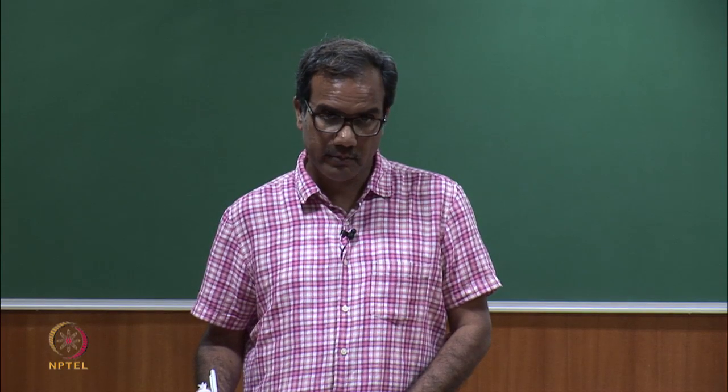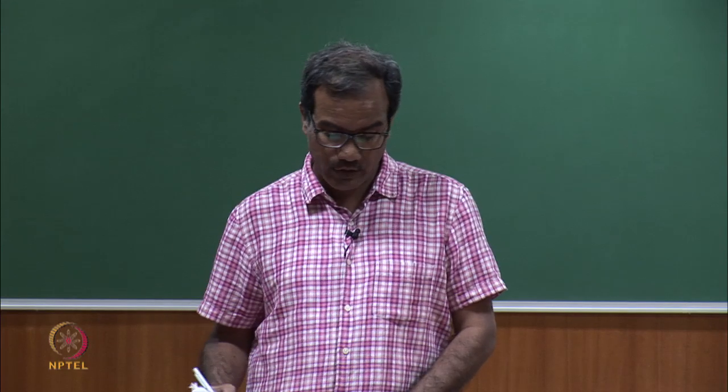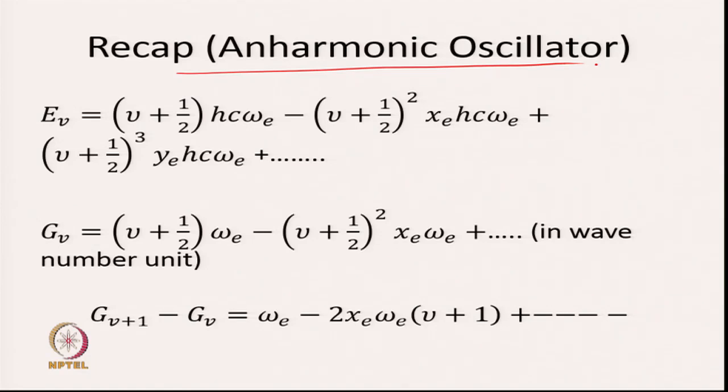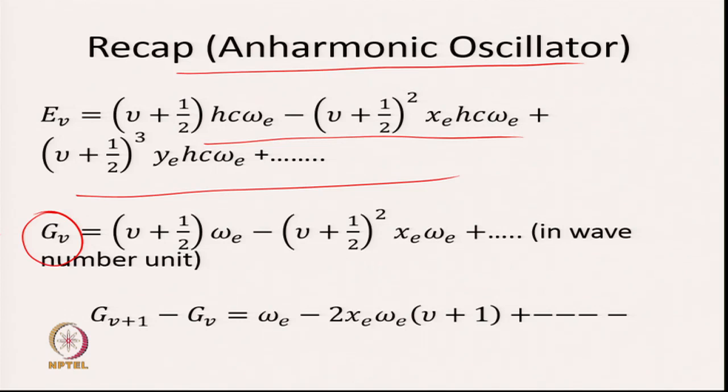So, next question is basically to calculate dissociation energy using vibrational spectroscopy. Just before going to discuss that question, I would like to have a recap for the anharmonic oscillator. So, the energy of vibrational levels for an anharmonic oscillator is given by this equation, where V is the vibrational quantum number, and if you try to express this in wave number unit, you need to divide by hc, and that is generally given by the symbol G(V), and that is basically (V plus half) omega_e minus higher wave number terms.